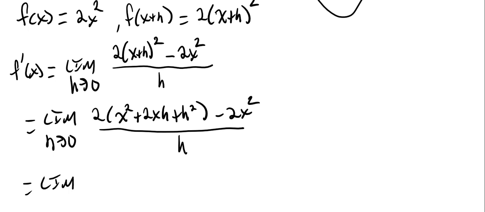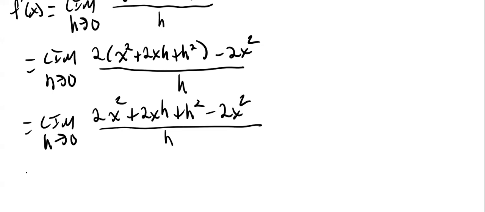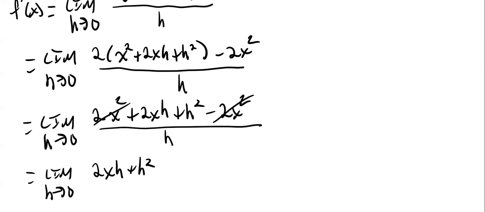Equals the limit as h approaches 0 of, and I'm going to just distribute here, 2x squared plus 2xh plus h squared minus 2x squared over h. And we have the limit as h goes to 0. Here, the two x squared terms cancel out, 2x squared minus 2x squared. And we just have our 2xh plus h squared over h.